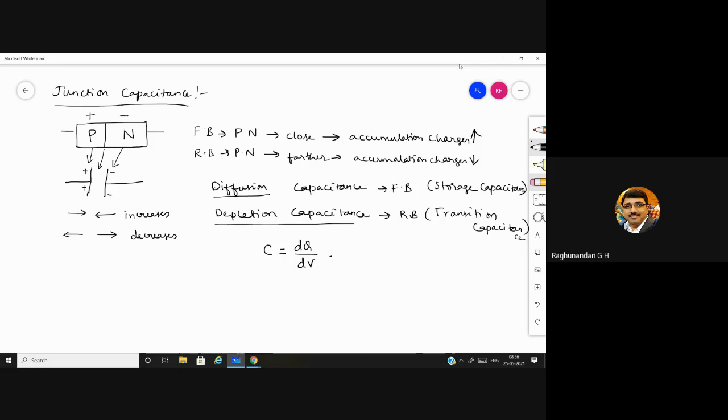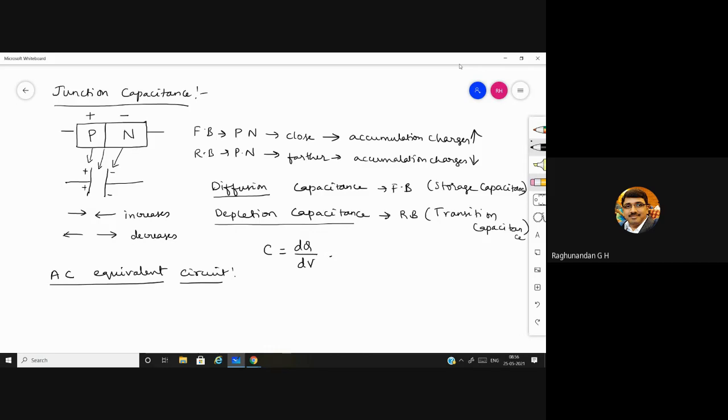Once we have understood the junction capacitance, now we'll try to write the AC equivalent circuit. As I had told, the only difference between AC and DC equivalent circuit is, in the AC equivalent circuit we are going to include capacitance, but in the DC equivalent circuit, we will not include capacitance.